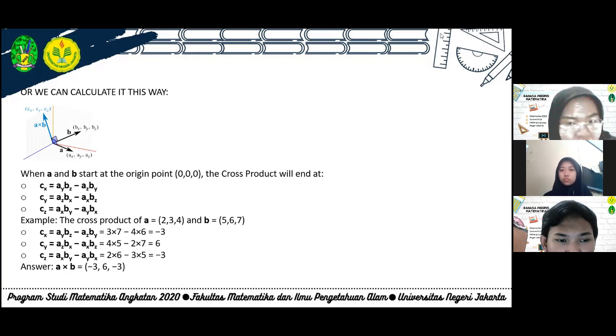Cz equals Ax By minus Ay Bx equals 2 times 6 minus 3 times 5 equals minus 3. Answer: A multiplied by B equals minus 3, 6, minus 3.